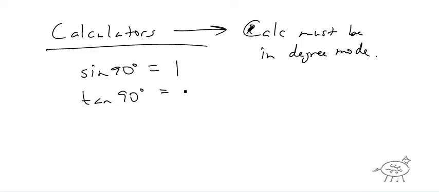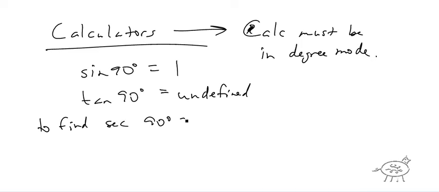Okay, if I do tangent of 90 degrees, it's going to give you an error. Please don't give me that as an answer. That's a very bad answer. You're going to tell me it's undefined. This is really key too. To find the secant of 90 degrees, that's equal to 1 over the cosine of 90 degrees, which is 1 over 0, which is undefined.